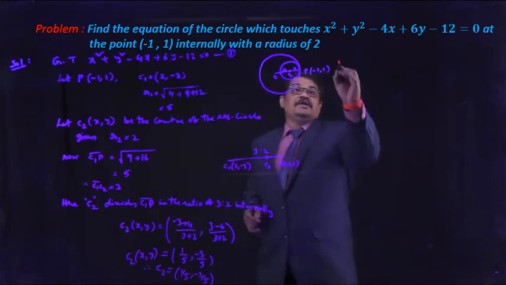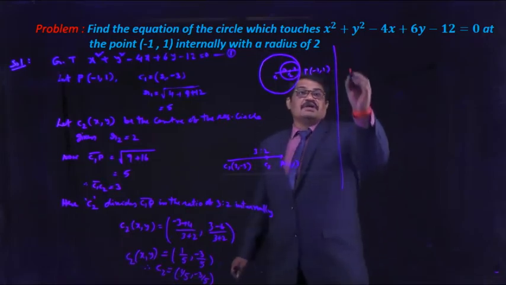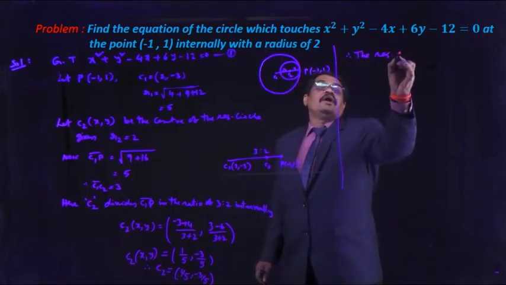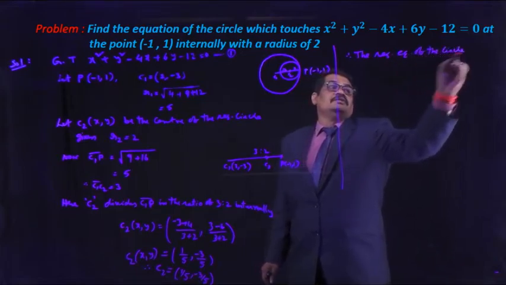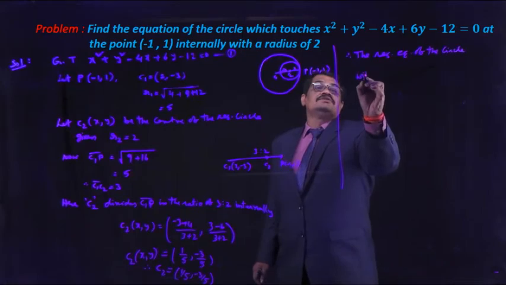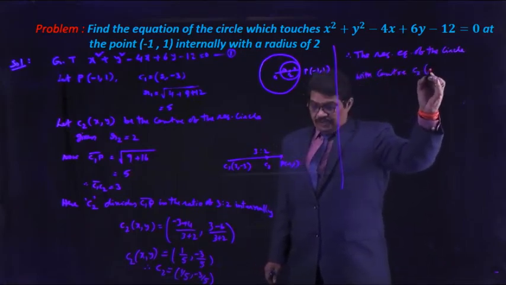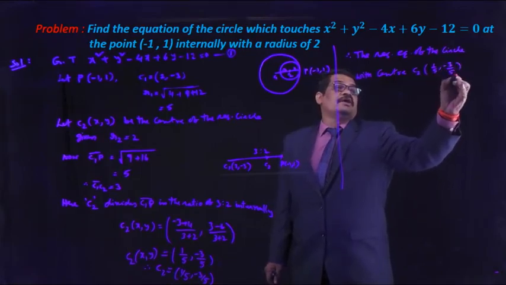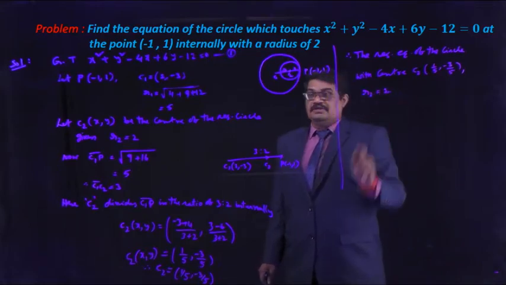Now we are writing the circle equation, the required equation of the circle. Therefore, the required equation of the circle with the center C2 is the coordinates 1 by 5 comma minus 3 by 5 and radius R2, that is given.